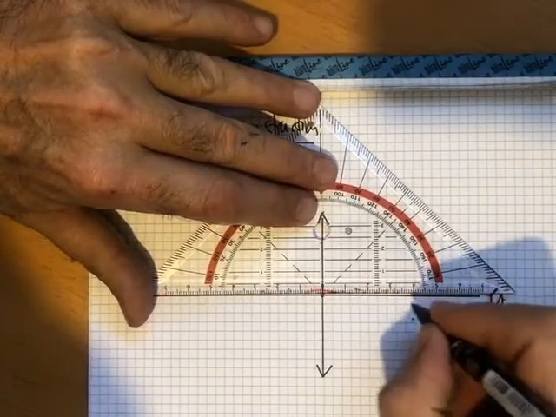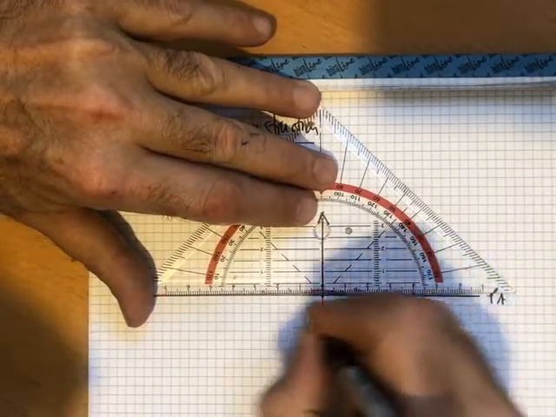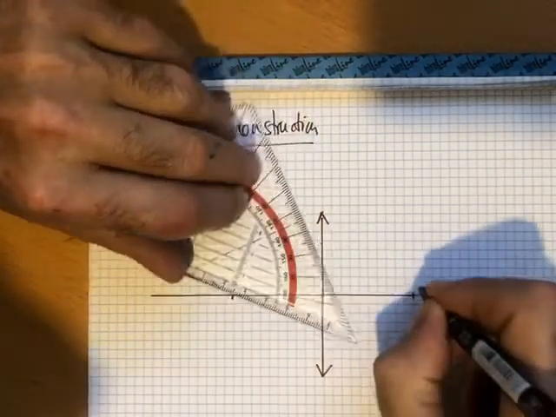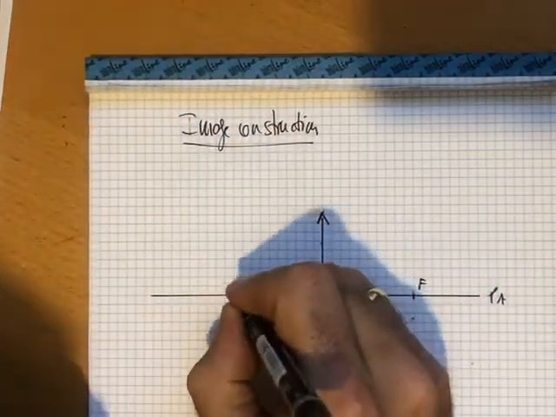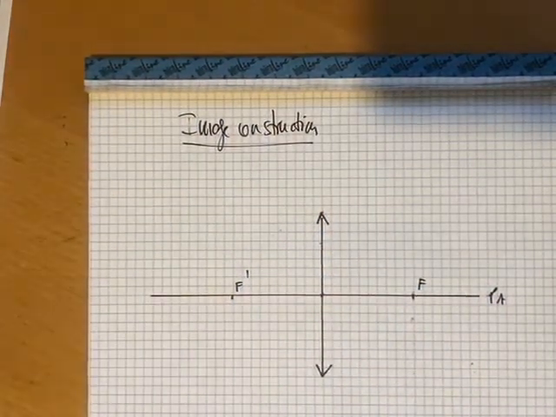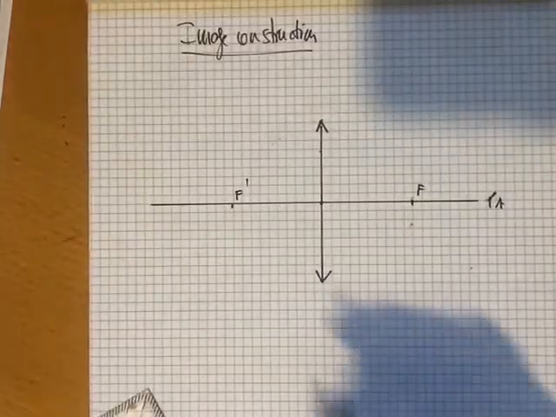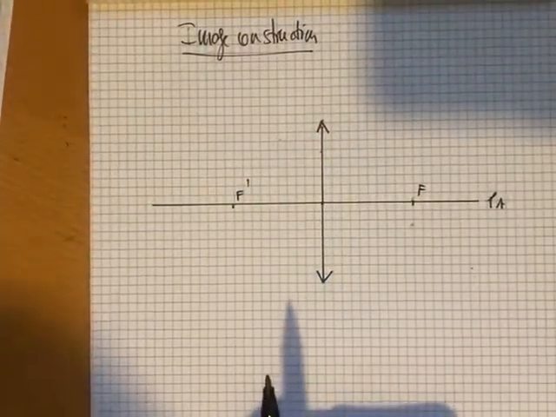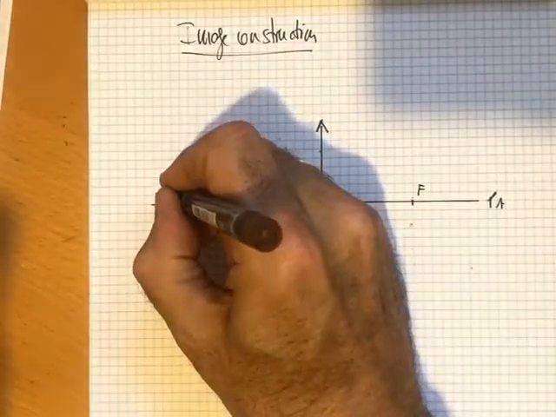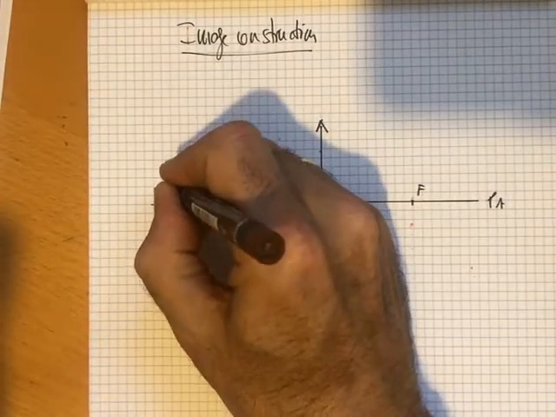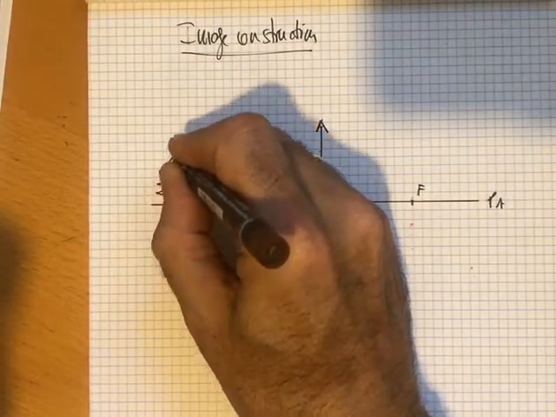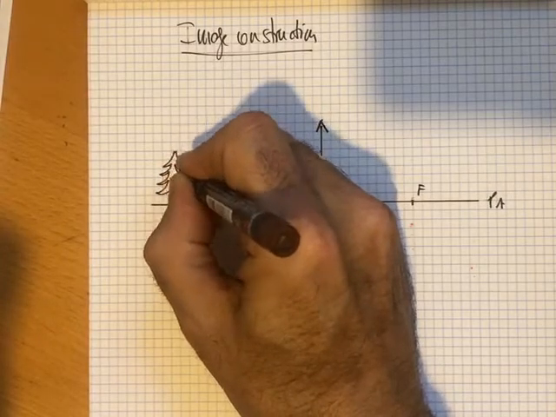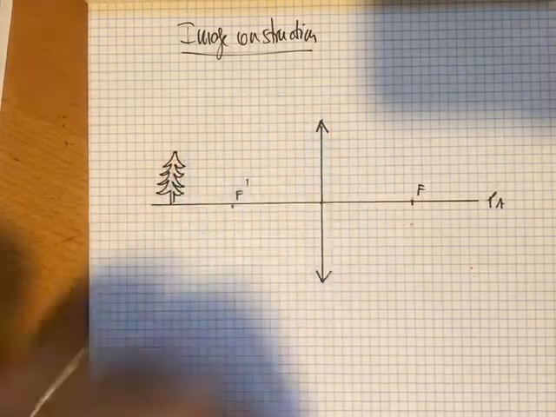Let's say 4 centimeters and 4 centimeters. So here I have F, here I have F prime, and I have some object here. What object do you want? I don't know. Let's take a Christmas tree.